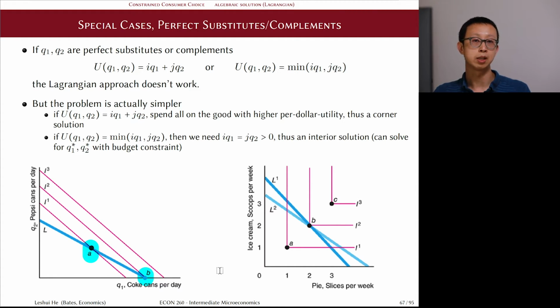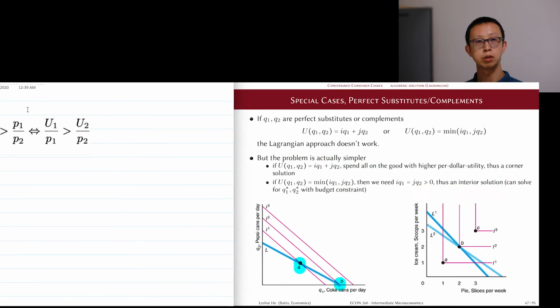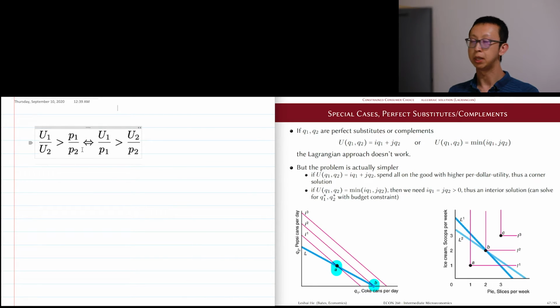But what is the economic intuition behind this solution? Notice here that the indifference curves are always steeper than the budget constraint. In other words, the absolute value of MRS is greater than that of MRT, or U1 over U2 is greater than P1 over P2. If you rewrite this expression into the per dollar marginal utility form, then we have U1 over P1 is greater than U2 over P2.